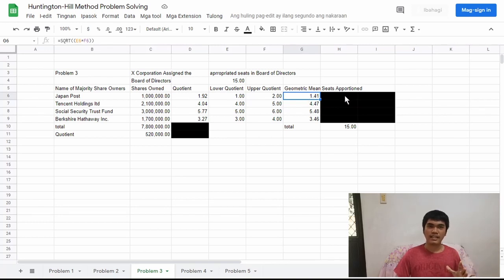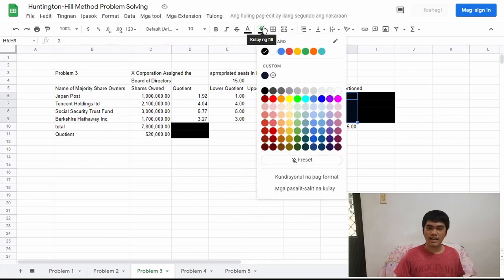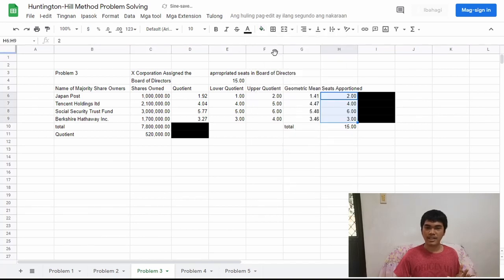So applying the concept that I have discussed earlier, the final seats appropriated to each majority share owner will be: Japan Post, 2; Tencent Holdings got 4; Social Security Trust Fund got 6; and Berkshire Hathaway got 3.